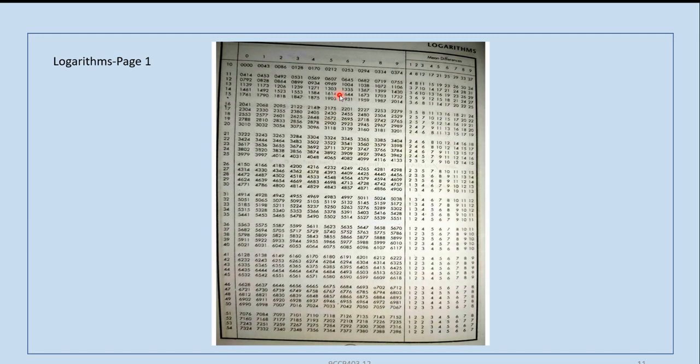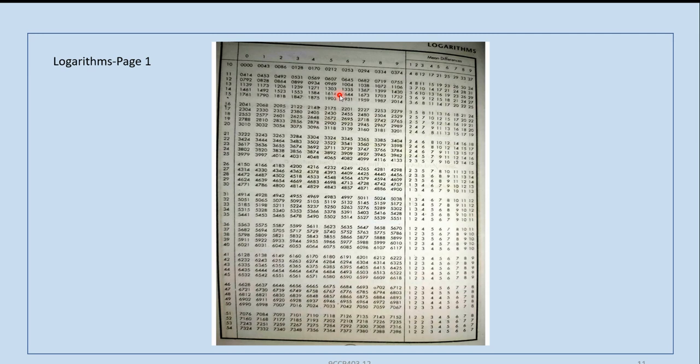That means 4 digits are there. So if 4 digits are given, then we will take 3 as the first number.